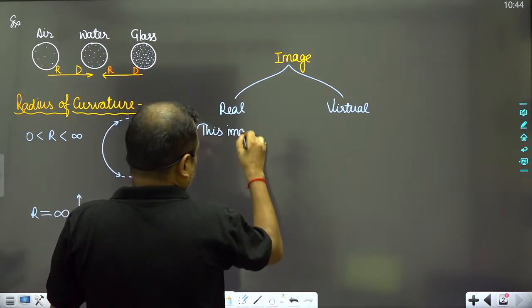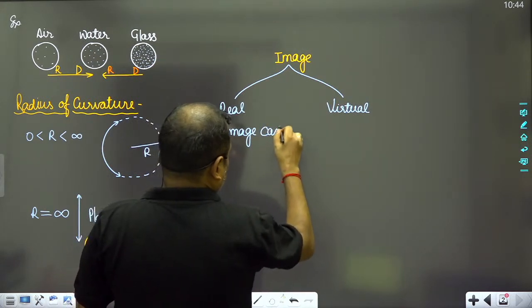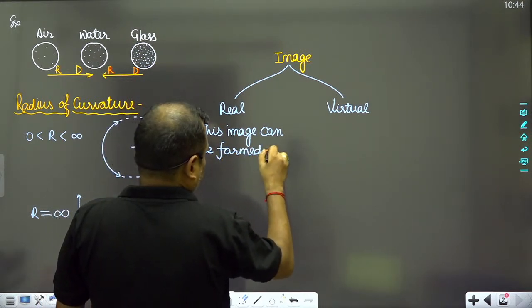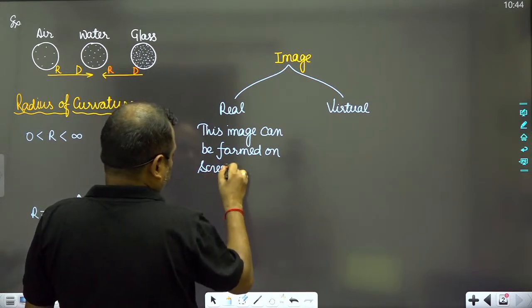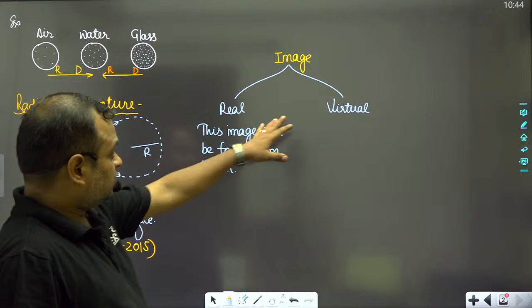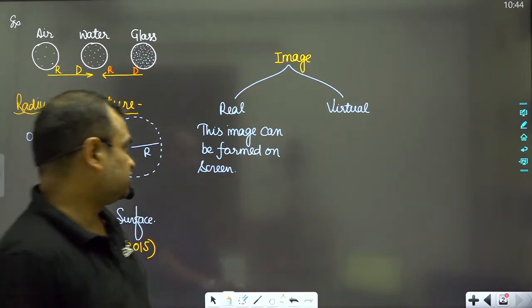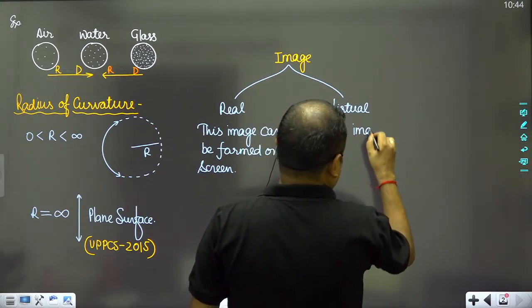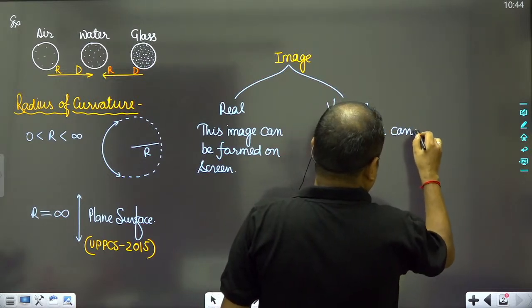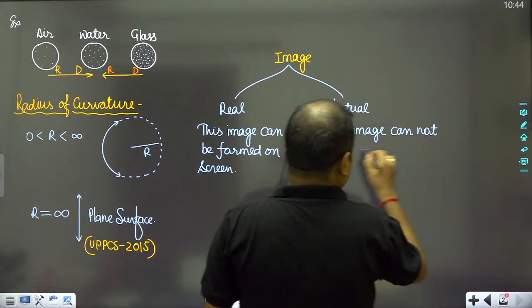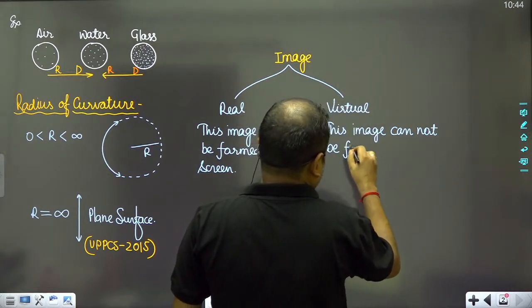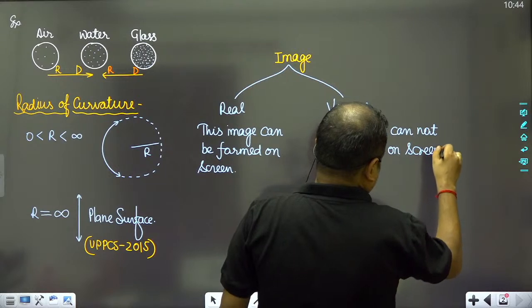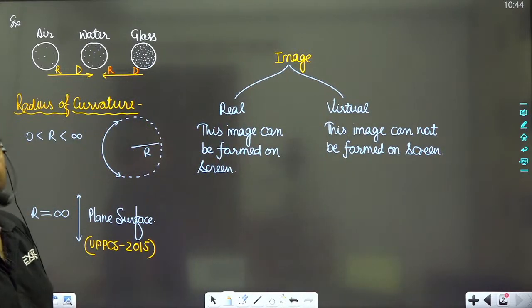But a virtual image cannot be formed on screen.